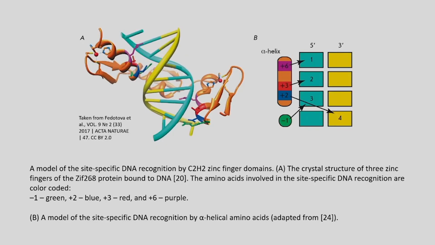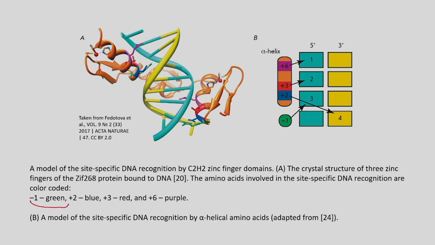So, here is a model of the site specific DNA recognition by C2H2 zinc finger domains. In figure A, you can see a crystal structure of 3 zinc fingers, 1, 2 and 3, and this is the DNA molecule in the center. The amino acids involved in the site specific DNA recognition are color coded.